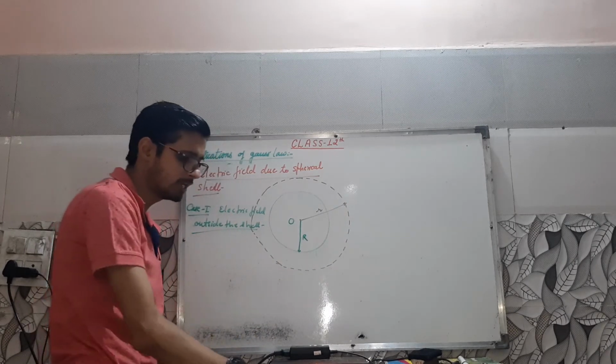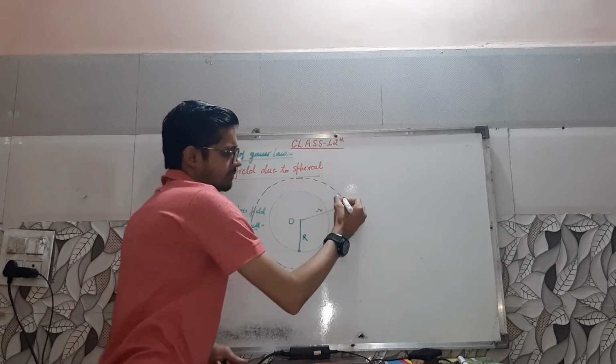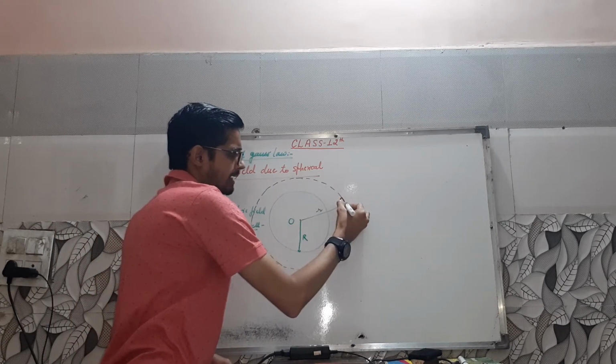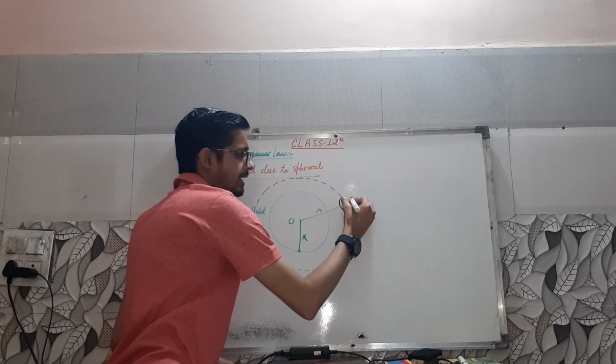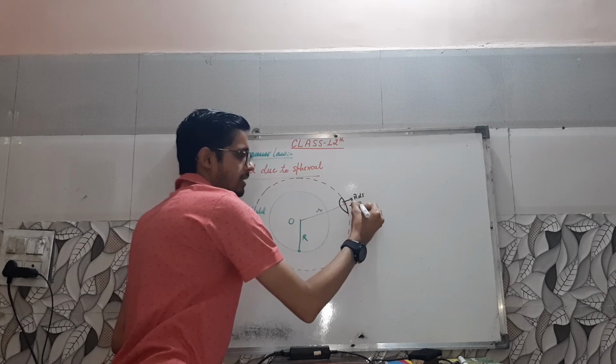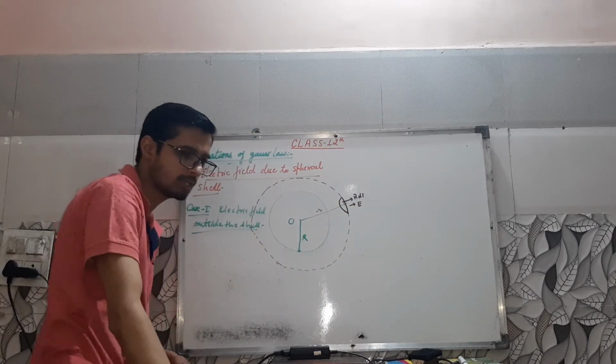Let us take a small element like this. This is the direction of area vector n cap ds, and this is again the direction of electric field.